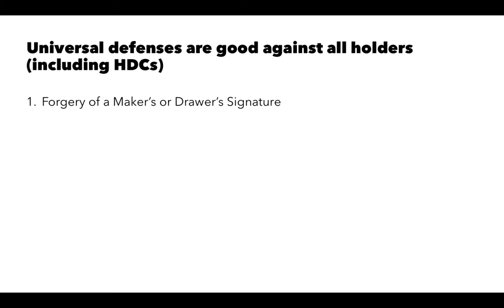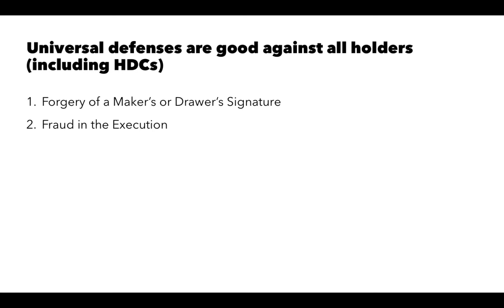The first defense is forgery. Forgery of a maker or drawer's signature cannot bind the person whose name is used unless that person has somehow ratified the signature or has contributed to it through their own negligence. Fraud in the execution.